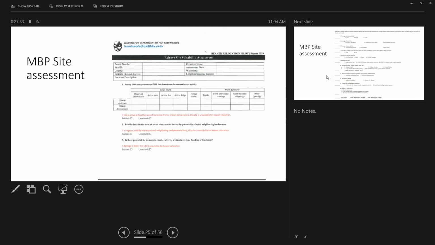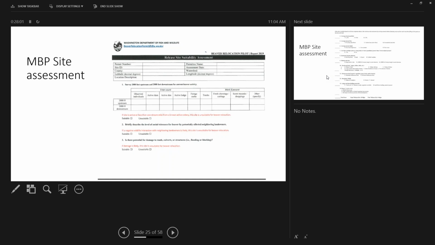We do a site assessment at every site we consider for putting beaver back on the upper landscape. I'm not sure how well you all can see this, but we look at many different aspects of the landscape, including how fast is the flow currently, are there conflicts with landowners nearby, is there potential for roads and culverts and other structures to be an issue if they get plugged up?